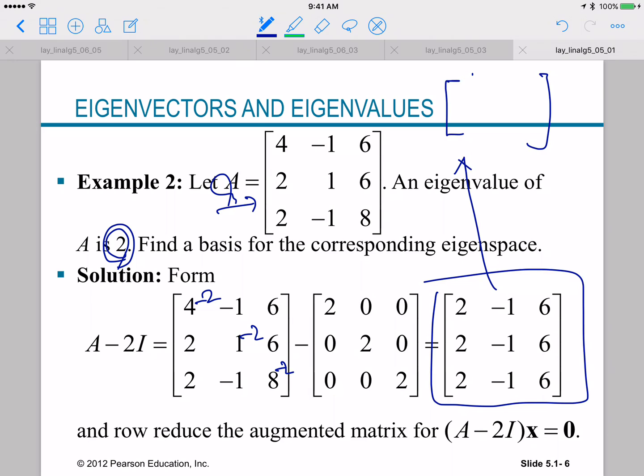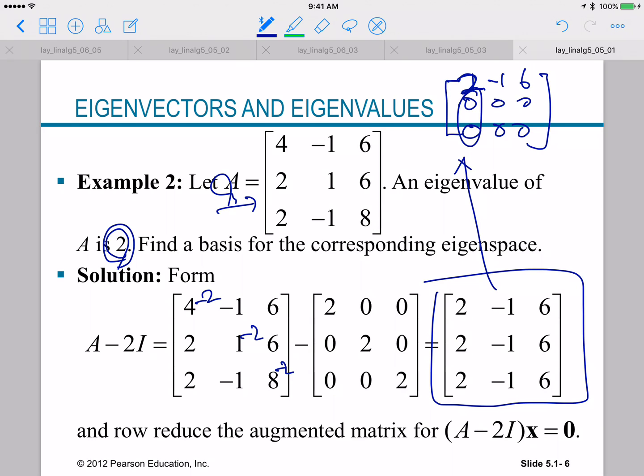It's like 1, minus 1, 2, and 0, 0, 0, and 0, 0, 0. We just subtracted a scalar multiple of the first row from the second and the third rows in order to make these values 0.